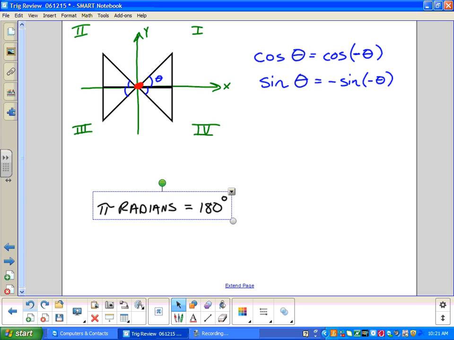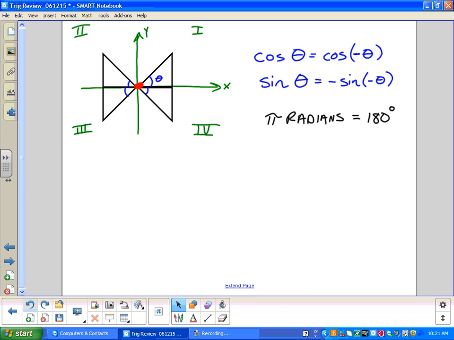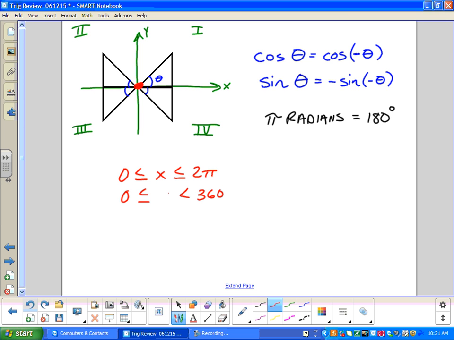We also should know that pi radians equals 180 degrees, and that we can talk about these this way. There is pi, and there is 180 degrees. But this allows us to solve multiple triangles. And often they bound it, right? They say 0 to 2 pi or 0 to 360 degrees, so that there are not multiple answers.